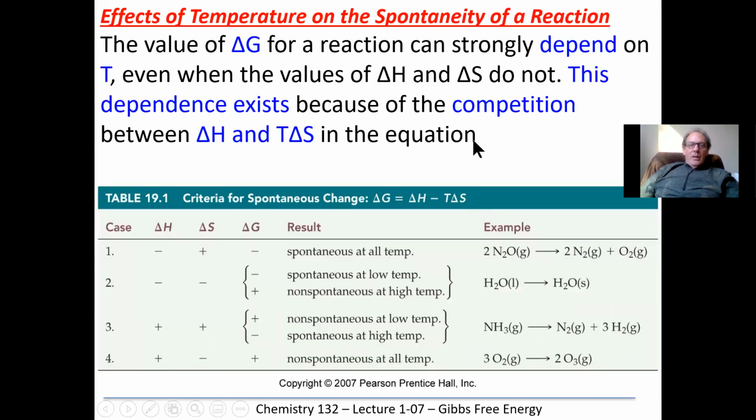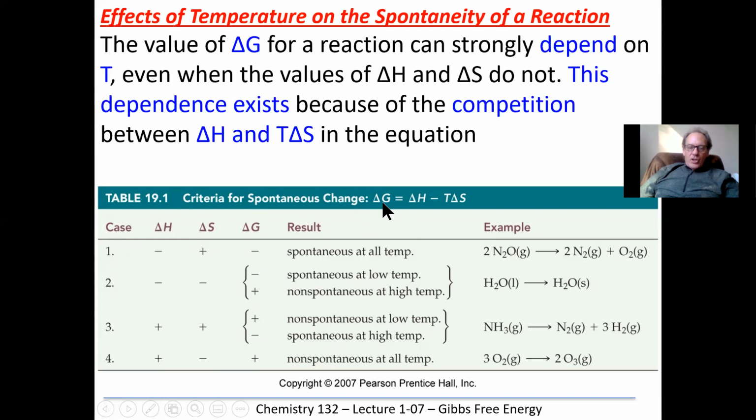The table here shows you that the delta G of a reaction can strongly depend on the temperature, even when the values of delta H and delta S don't. This dependence exists because of, if you may, a competition between delta H and T delta S. And we said that when delta G is negative, the reaction is spontaneous.